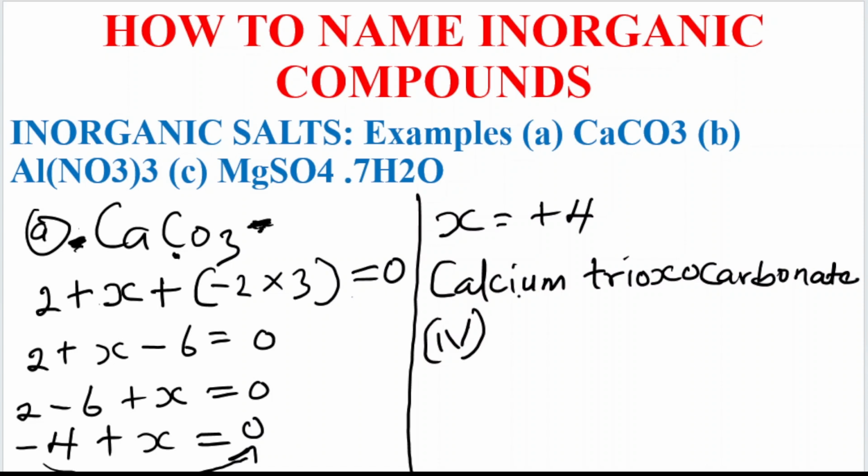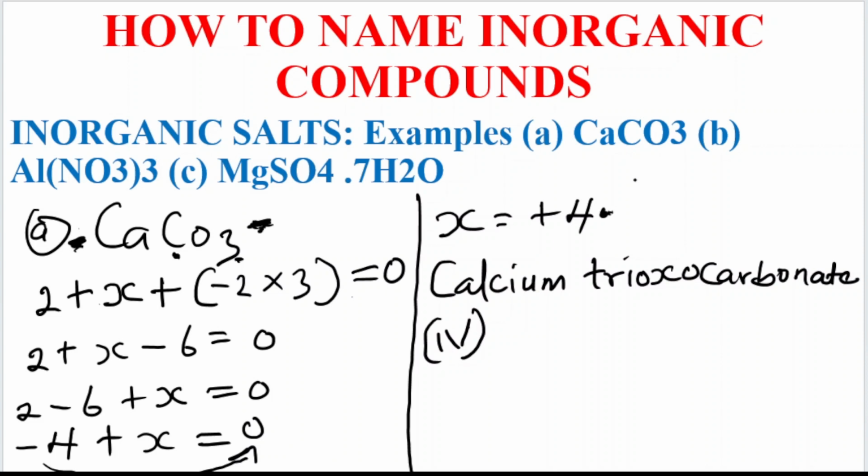So we started from the front, calcium, we went to the back, trioxo, because there are 3 oxygens here, trioxocarbonate IV, because this is our central carbon, what it gave us.